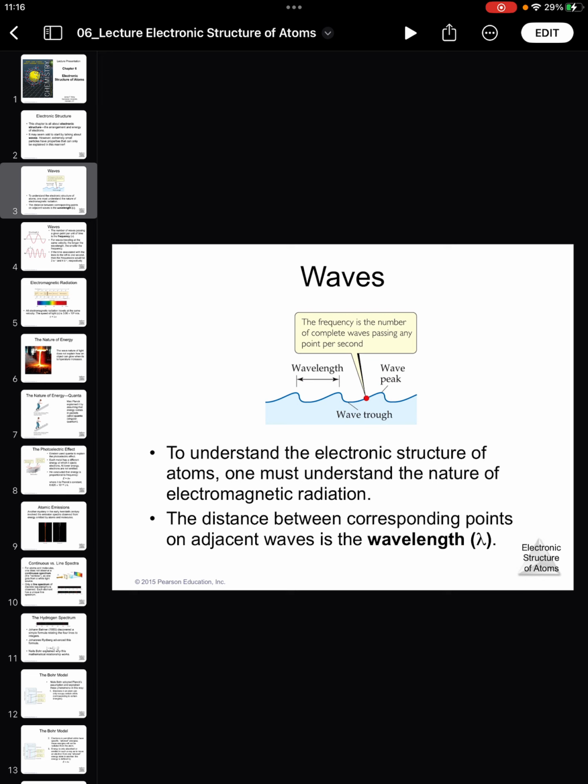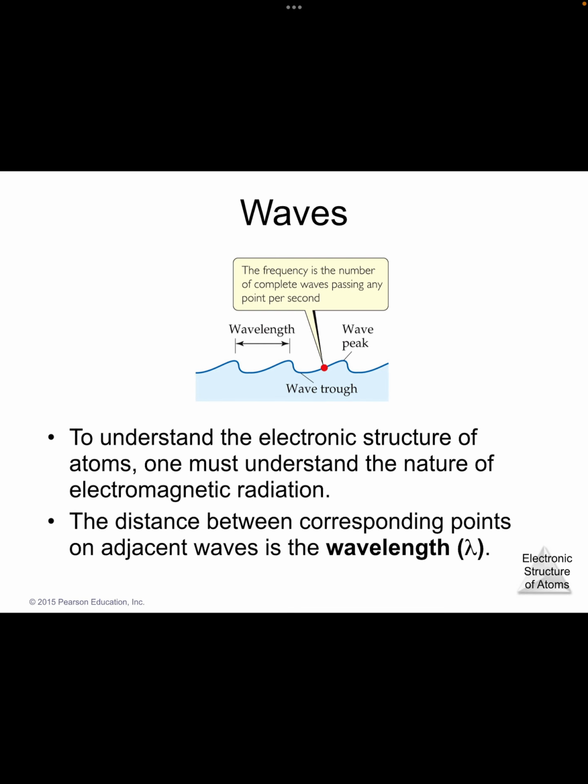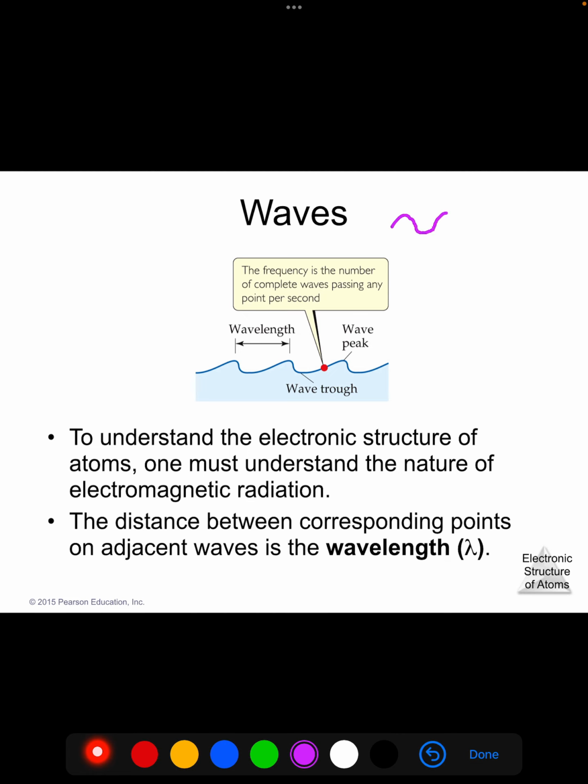And when we draw a wave, this is a wave like an ocean wave here, but most often we draw these as sine waves. Let me do this so that I can use my pencil. Regular up and down sine waves, more regular than what I've drawn.